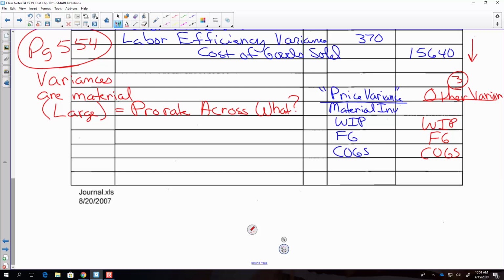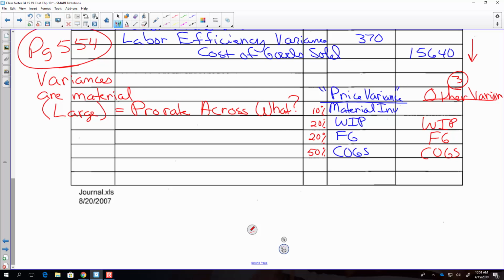So make the distinction, it's a large difference, we would prorate. And you basically base it upon the ending balances. So if cost of goods sold have 50 and 20, 20, 10 as a percent level, right, of total, cost of goods sold would get 50% of the variance.